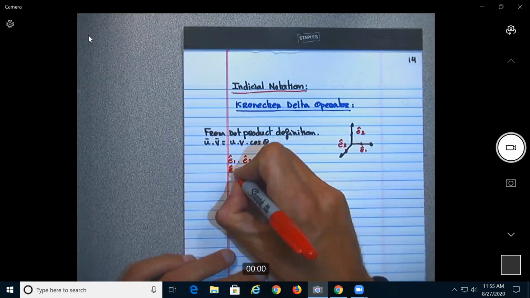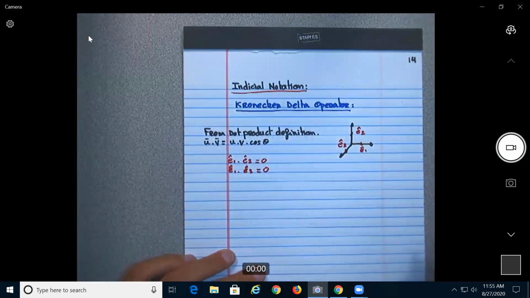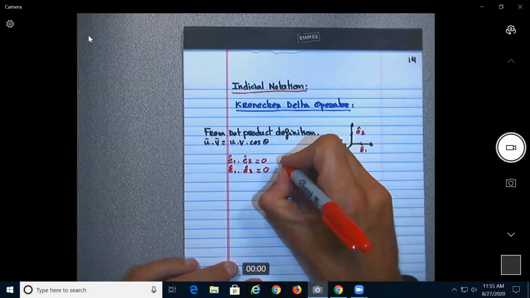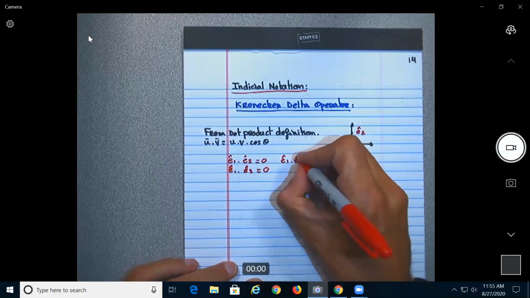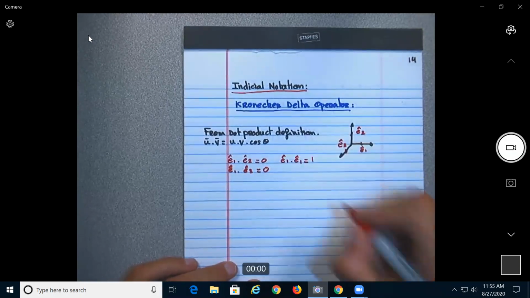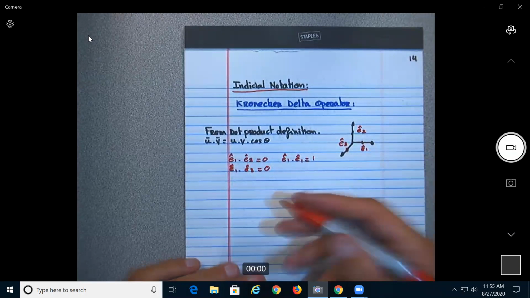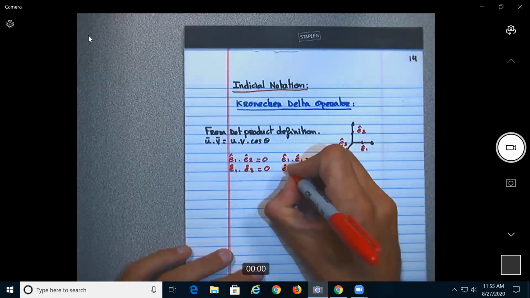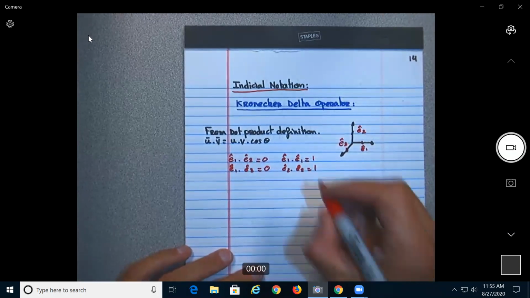If you do E1 dot E3, this will also be equal to 0, no? Okay. Now what happens if you do, let's say, E1 with E1? This will give you 1. Yeah? Okay. So you can do all of them if you want. E2 will be 1, E3 will be 1, no? And so on, so on.